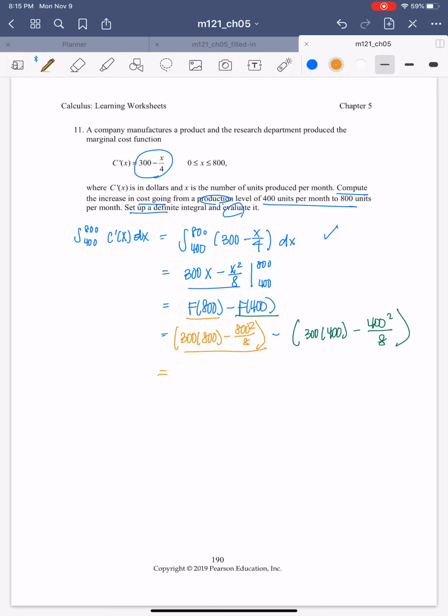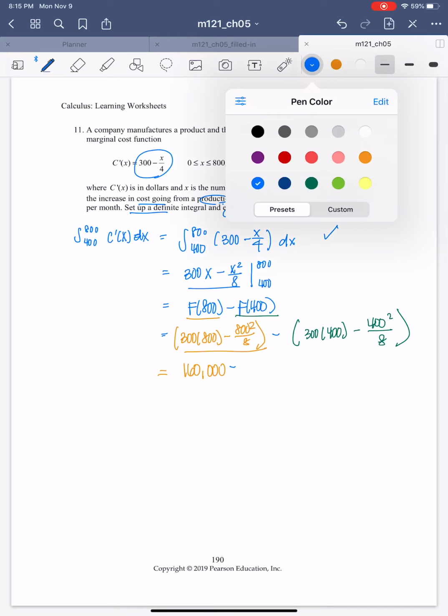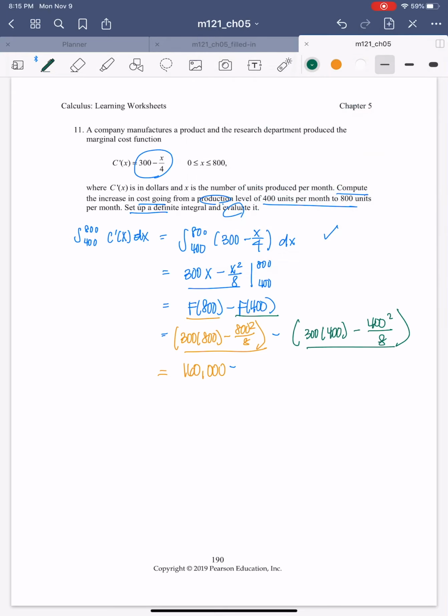This first part, doing some math, simplifies to 160,000. And then the second part, if you do the math using the calculator, it simplifies to 100,000. So the difference, the integral from 400 to 800 of C prime of x dx, we get 60,000. Done.